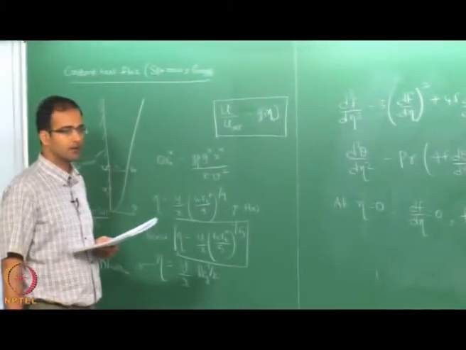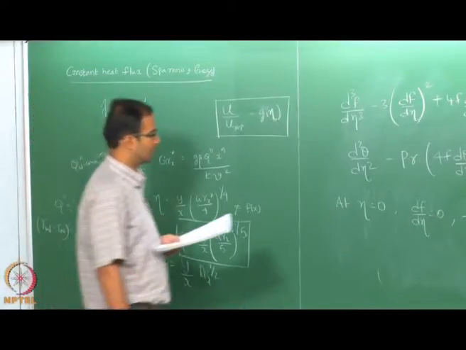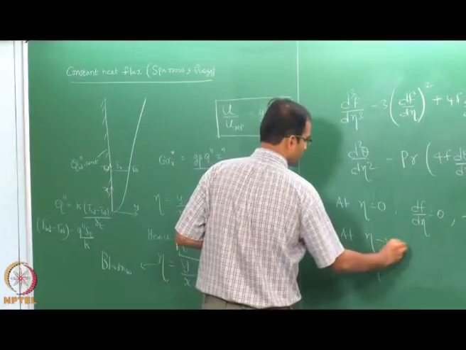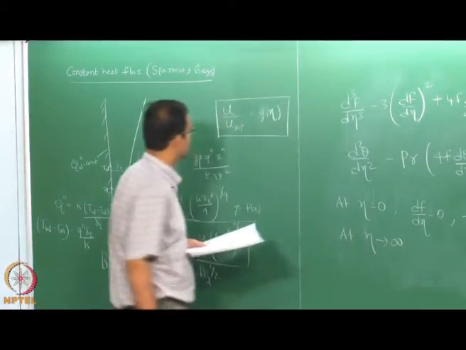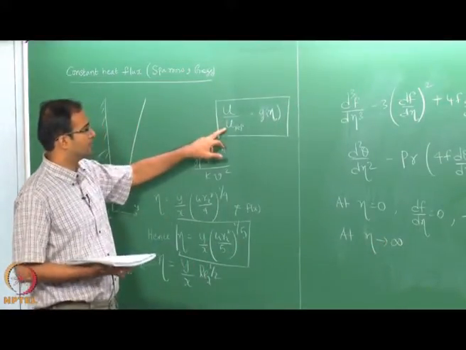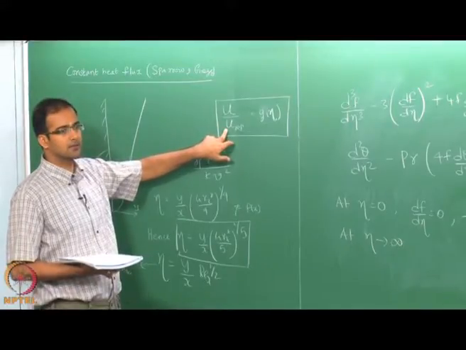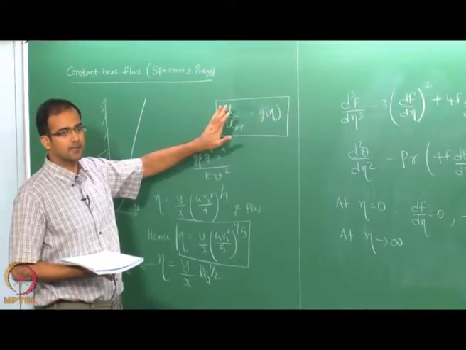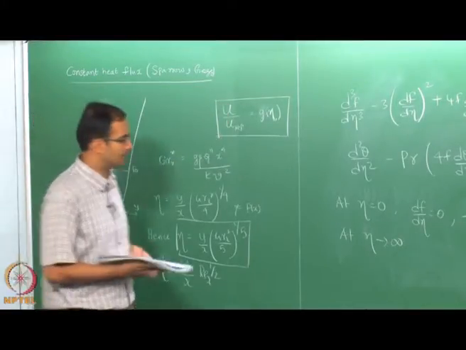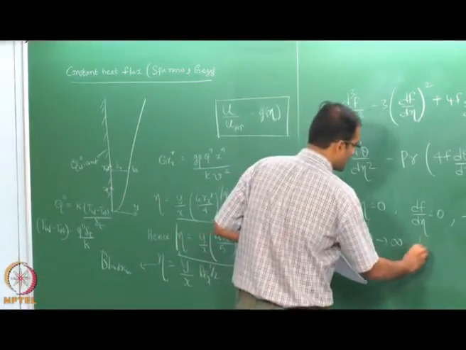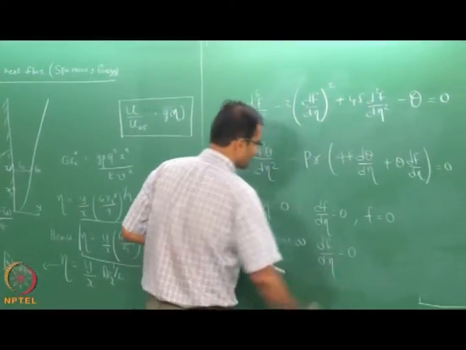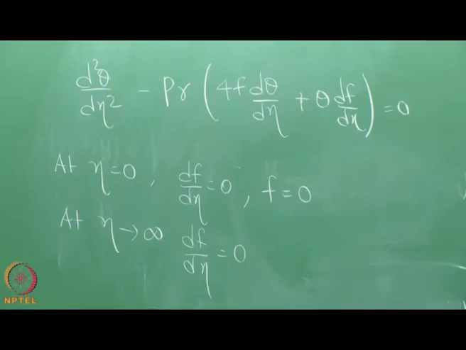And at eta going to infinity, what should happen? U should approach u 0. Okay, so it is not like your Blasius case. So, you should still approach 0. Therefore, your df by d eta should also be 0 at eta going to infinity.